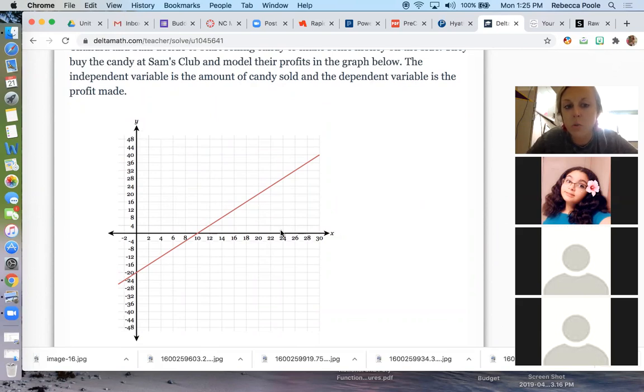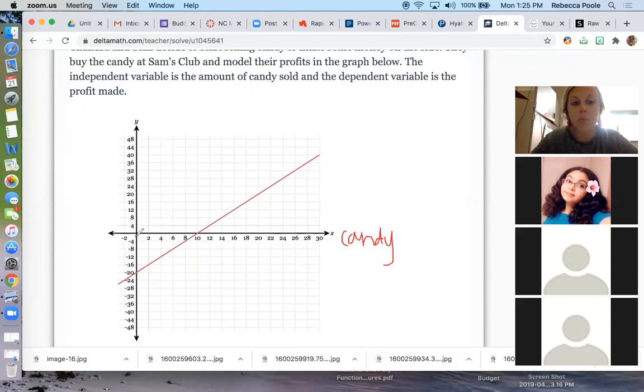X or Y? Which one's independent? Good. You're right. So the independent is the candy. So the x-axis is my candy axis. This is where we sold 2 candy bars, 4, 6, 8, 10, 12. Y'all get what I'm saying?